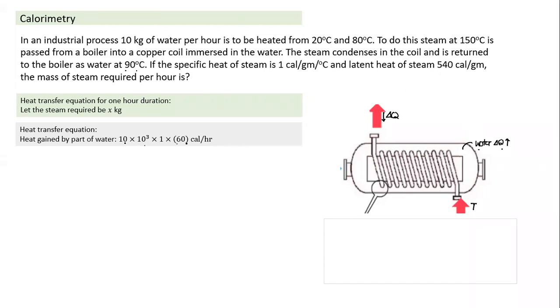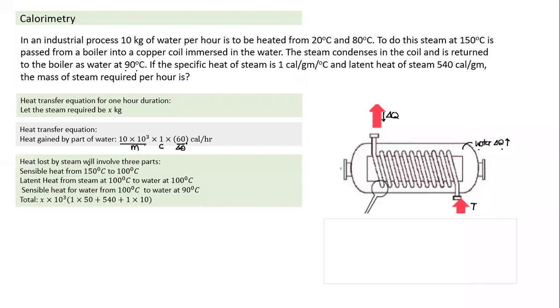So 10 kg in grams is the m term, this is the c term, and this is delta T, a 60 degree change in temperature. So this is the heat gained by the water in 1 hour in terms of calories.